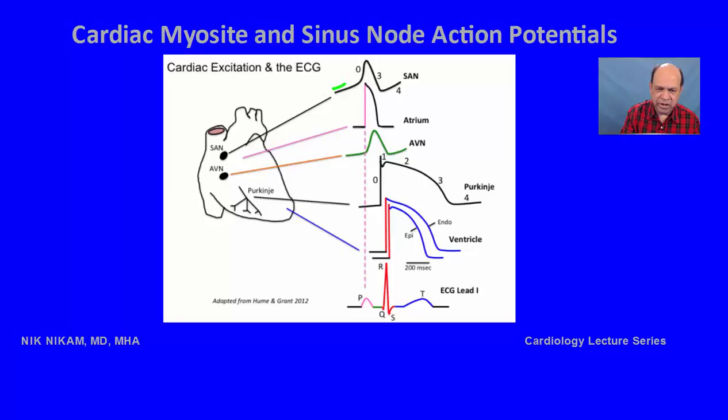With an upsloping baseline, we have a sinus activation action potential which traverses and reaches the atrium. It produces an action potential in the atrium which leads to atrial electrical activity, which is represented by the P waves, and this leads to the activation of the AV node, which causes this AV delay, and that is followed by the ventricular activation, which is represented by the QRS complex.